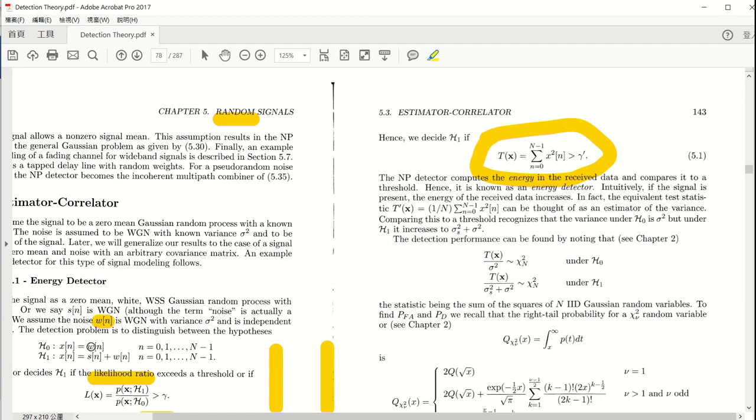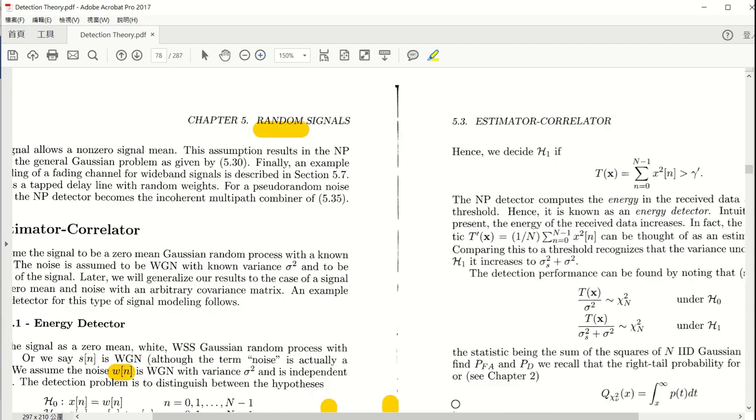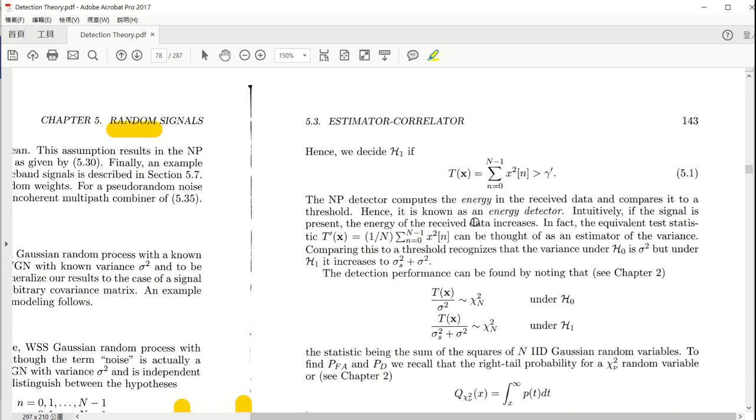Every time you make a detection, the hypothesis may be different, right? So you make observations, then you sum it up. You take the square, sum it up, and then you compare to gamma prime. And then, of course, the gamma prime is something yet to be decided.